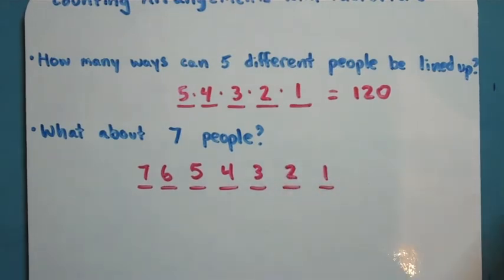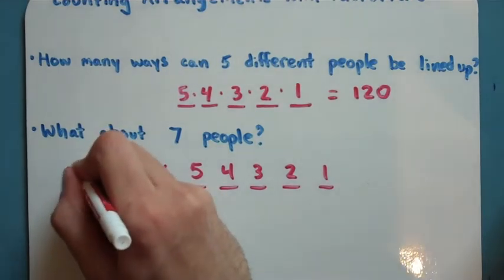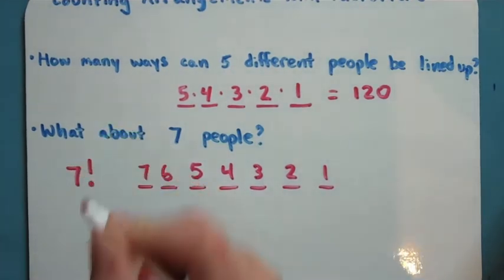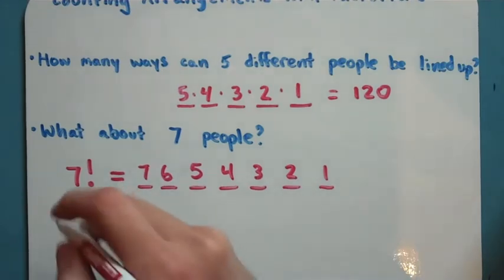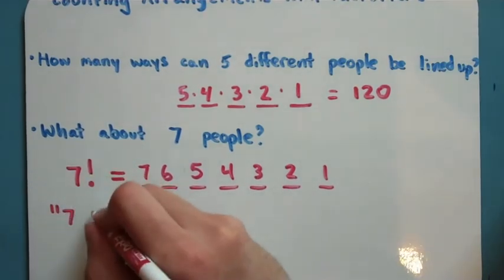This sort of pattern where you take a number and you start multiplying down by 1 all the way happens a lot in these sorts of problems. In fact, it happens so often that we gave it its own symbol in math. We can represent this long string of multiplication right here by 7, and it's actually a little exclamation mark after the 7. That's pronounced 7 factorial.